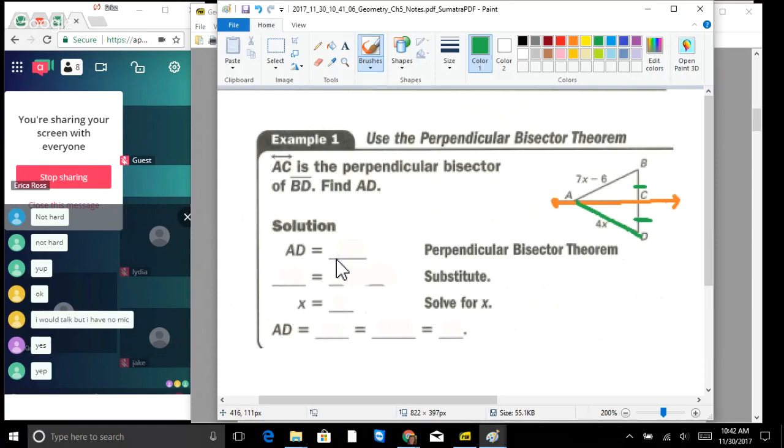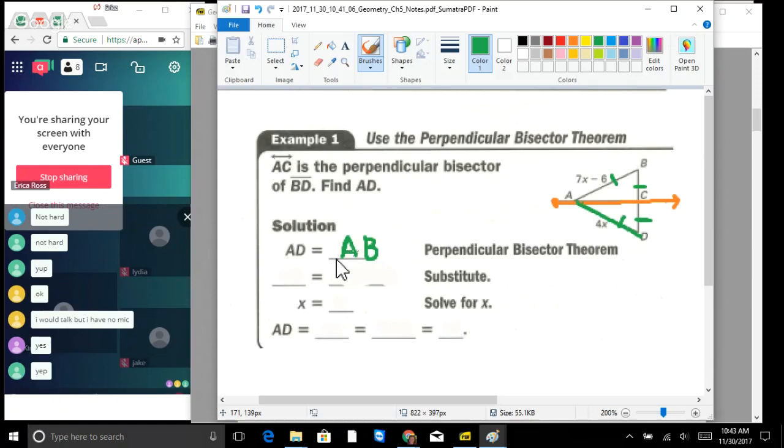We also know from this theorem, which I didn't quite point out before, that the endpoints are equidistant as well. So we also know that these two sides are equidistant as well. So we know that AD is equal to AB because of our bisector.